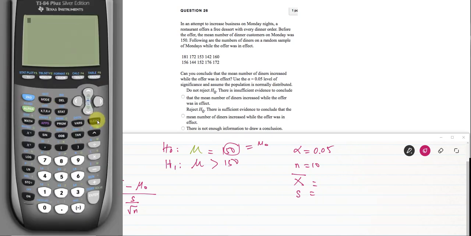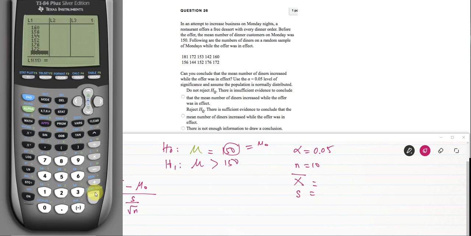If you have a TI-84, first you're going to go to stat, edit, and list the data. You're going to list all the numbers: 181, 172, 153, 142, 160, 156, 144, 152, 176, and 172.